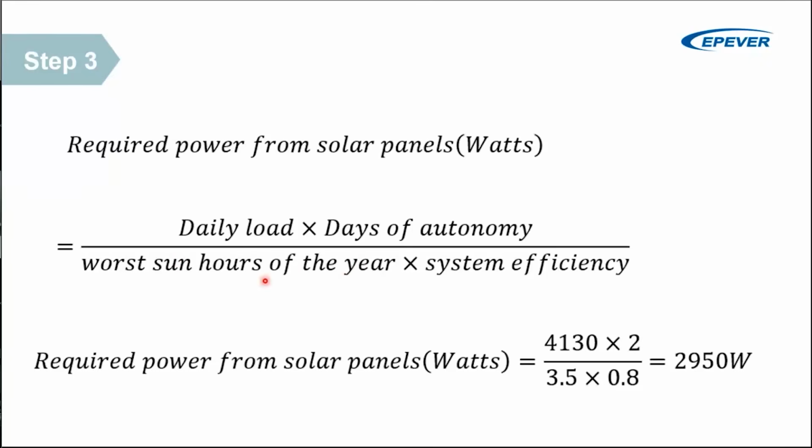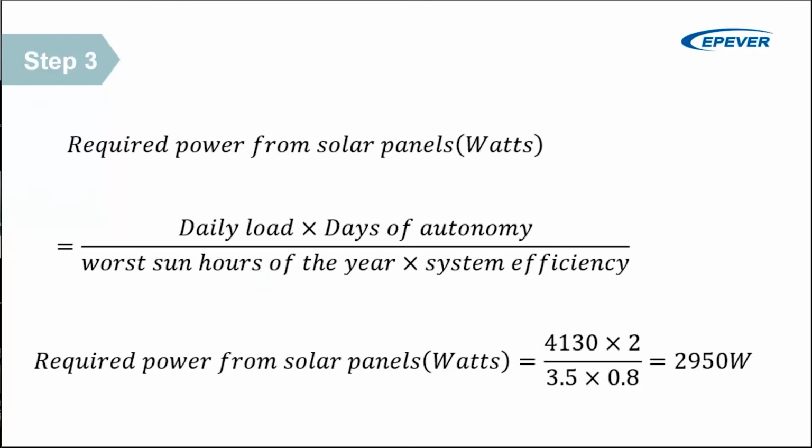The sun hours are the number of hours that the solar irradiance level is higher than a specific level, for example, 1000 watts per square meter. This is different for your area in winter and summer. So it's best when you are designing the system to calculate it based on winter, because then you will account for the worst day in the year, and you will always have energy.